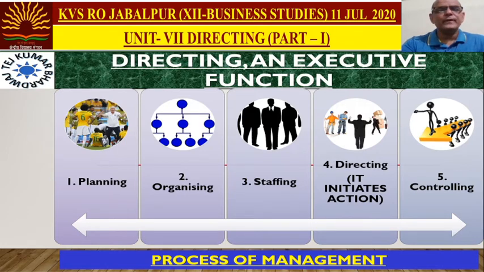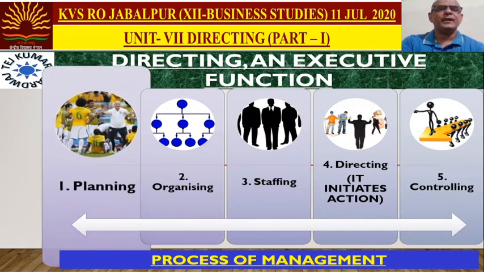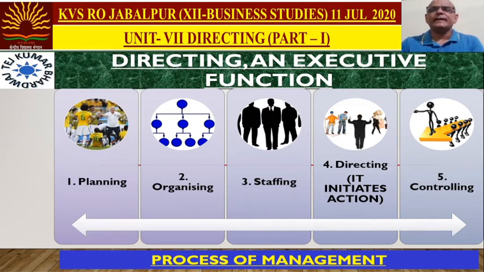So, what do we do in planning? In planning, we decide in advance what to do, how to do, when to do, and who will do. Actually, planning is a mental exercise. In planning, we are not actually doing anything. We are just laying out a roadmap for future activities, drawing a broad outline of what is to be done.